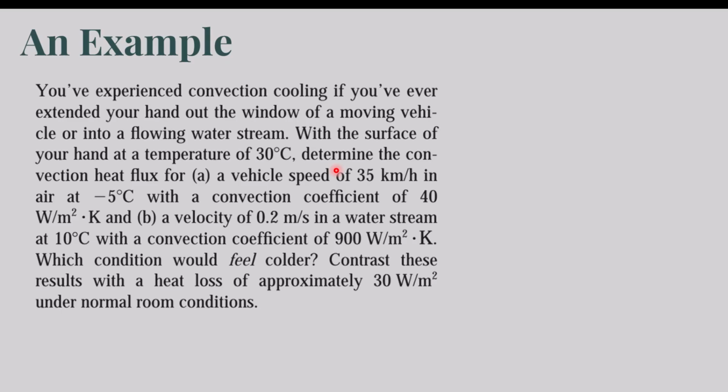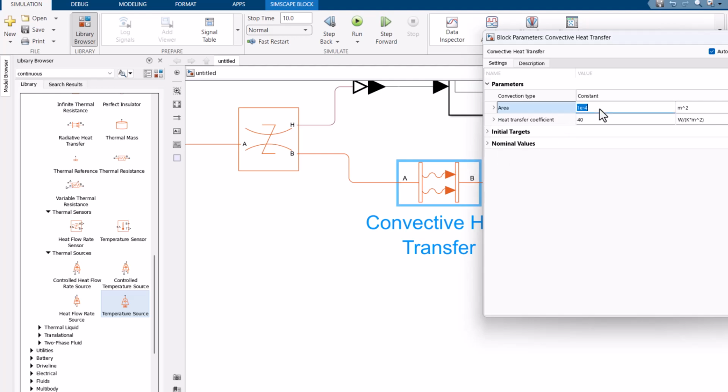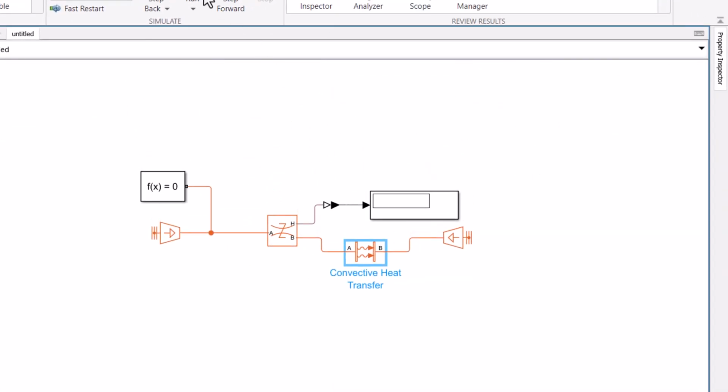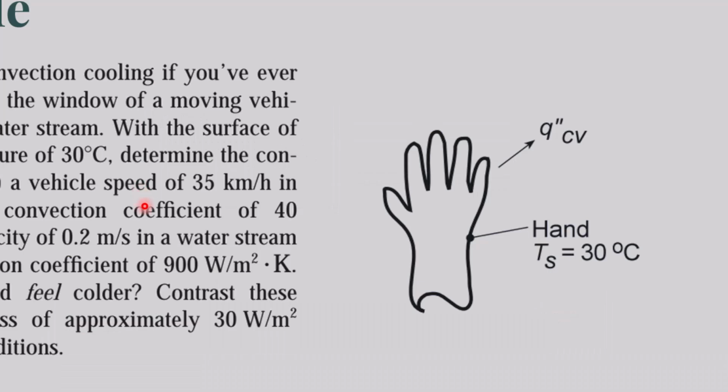So that's not going to be a problem for me. So I set area equal to 1, and I run the case. You see 1400 watts. That is going to be the first part of the problem.